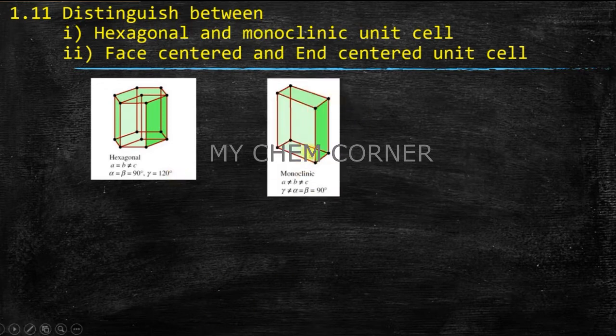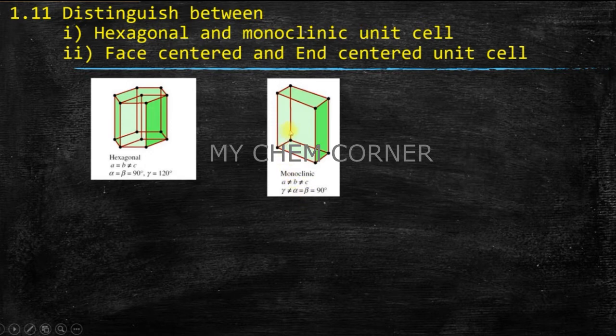Now when you try to compare this structure with the monoclinic unit cell, they're very different. Under the monoclinic unit cell, if you clearly see, all the edge lengths are different because you can see three different edge lengths here. This is A, this is B, and the one going vertically up is much longer than the other one. So A is not equal to B, which is further not equal to C. What about their angles?